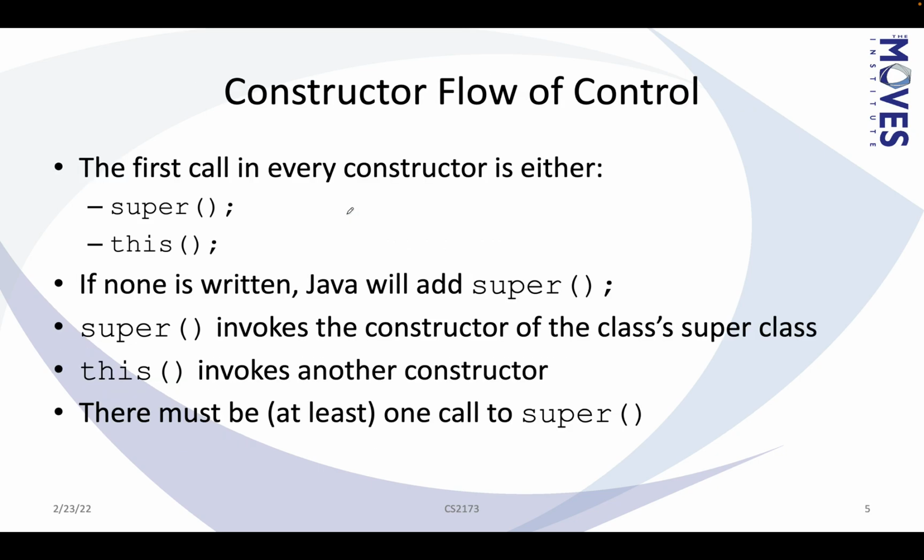So, flow of control. The first call is always a call to super or this. And if it's not added, then Java will add a call to super with an empty string.